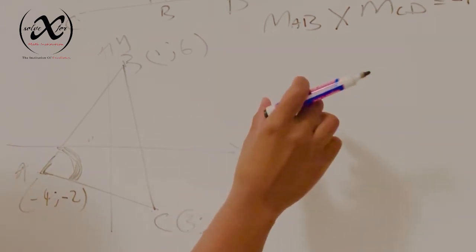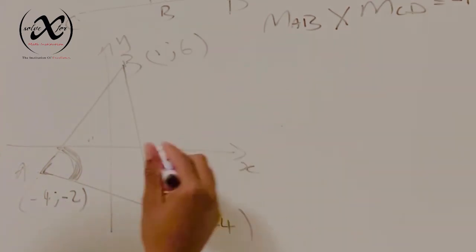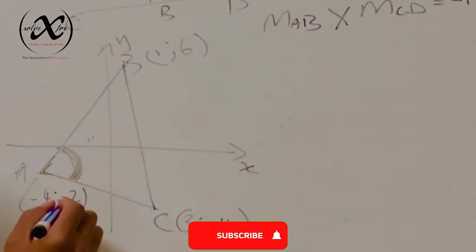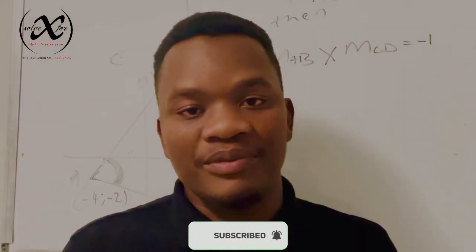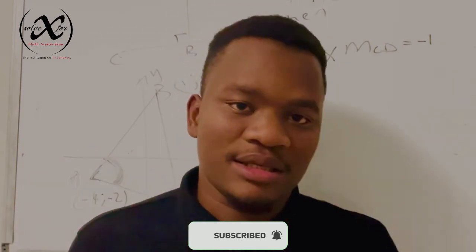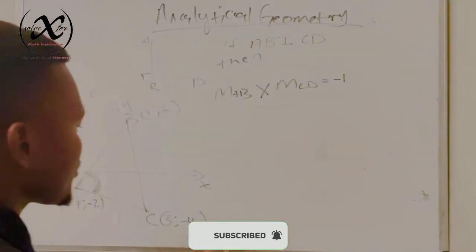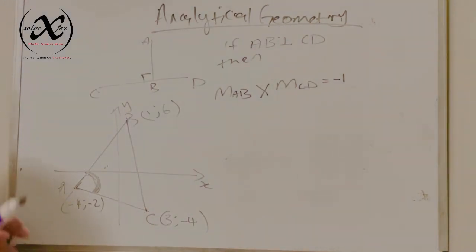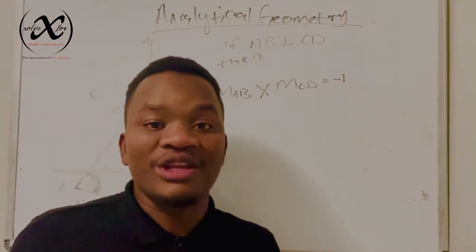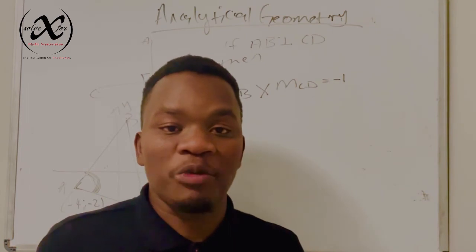If the two gradients, when you multiply them, give you -1, then this angle is 90 degrees. But if they do not give you -1, then it's not 90 degrees. I'm going to leave you with this one to do on your own, and then you are going to comment if it gives you -1 or not.